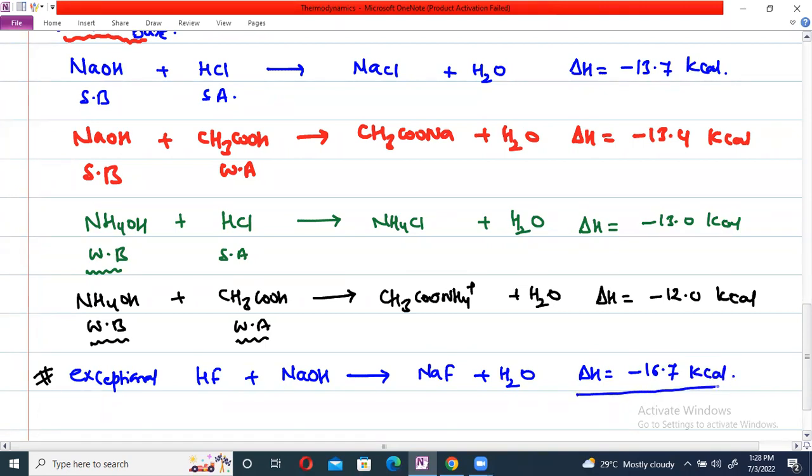That means this value, minus 16.7, is the value. This number is more than minus 13.7 kilocalorie. Because in this case, hydration energy of fluoride ions is very small, and due to that, delta H value will be greater than the actual value of the heat of neutralization. So this is just a general explanation I give.